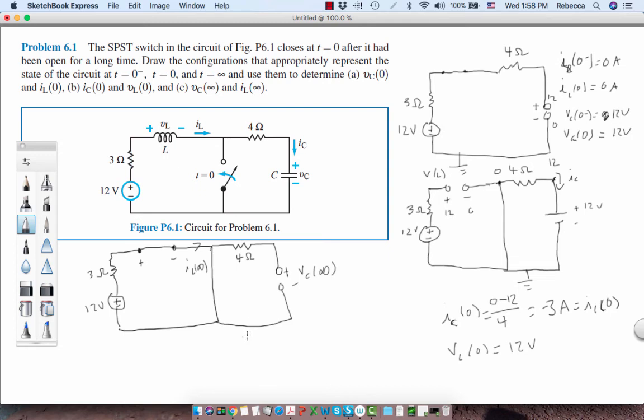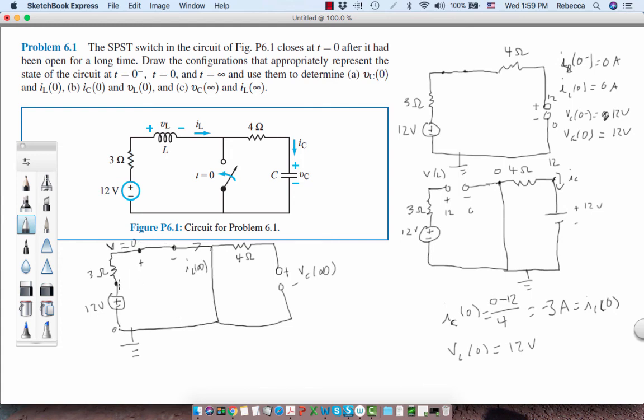Okay, so again, if we look at what's going on here, we can say if we call this ground, then voltage here is 0, voltage here is also 0, connected to ground.